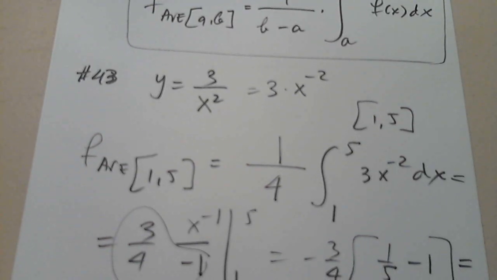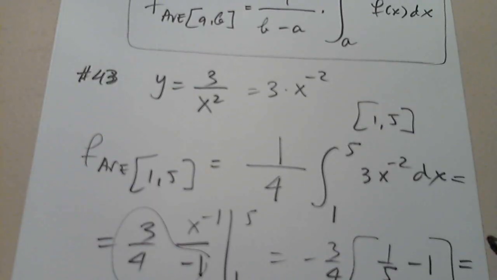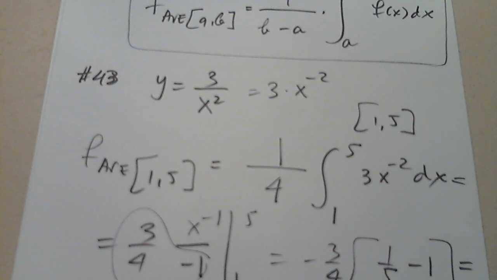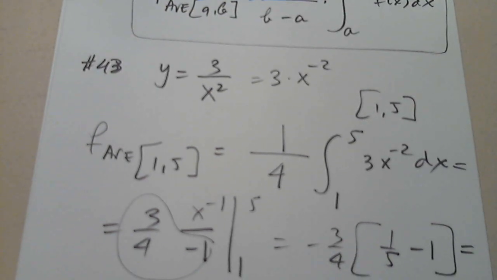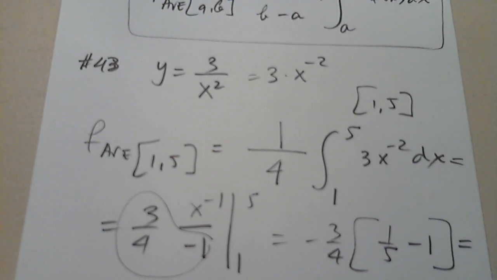I have negative 3/4 outside, and this is negative 4/5 times negative 4/5. I get a positive number. I simplify, and I get 3/5. So the average value of this function on the interval 1 comma 5 is 3/5 or 0.6.